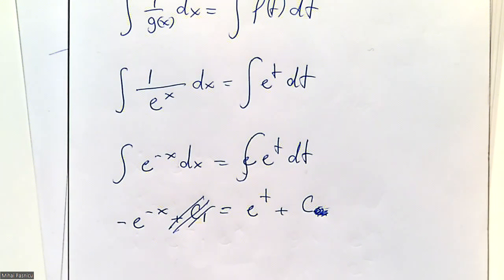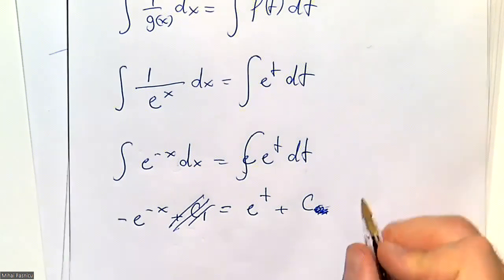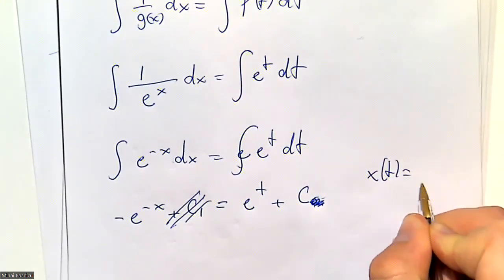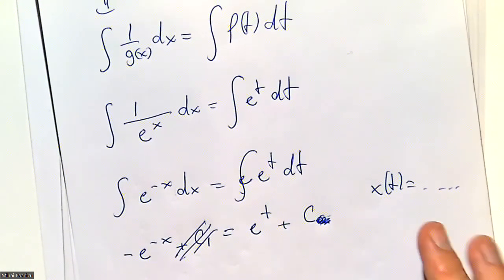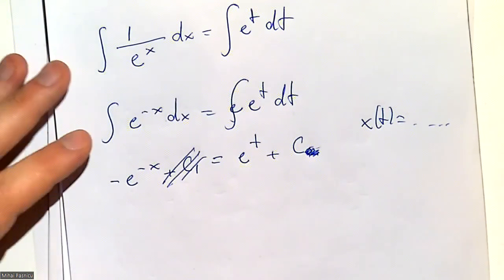Good. Now, you are not done here, really. Because remember, for you to solve this, the solution needs to look like x of t is equal to something. That is the final solution. That is what it needs to look like. So we're just going to play a little bit here so we get the right solution.